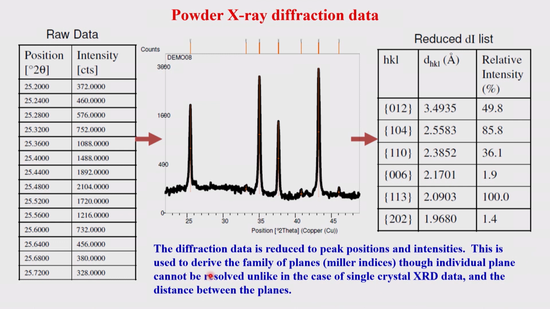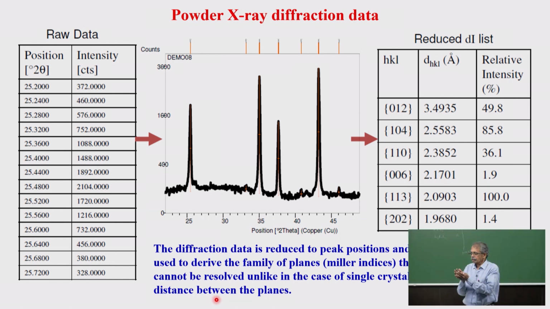This is used to derive the family of planes. You can get the Miller indices. I have already shown you the family of planes in one of the previous classes, in the first class itself. Though an individual plane cannot be resolved in a powder, it can be resolved in a single crystal. It's not a single crystal, because in a powder you have so many single crystals, but oriented in a variety of ways. That is called polycrystalline or powder.